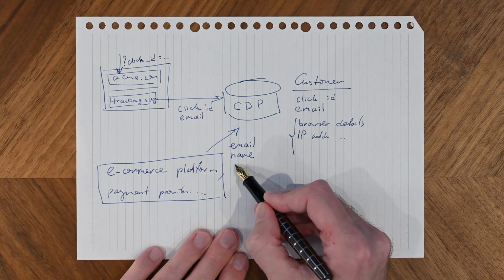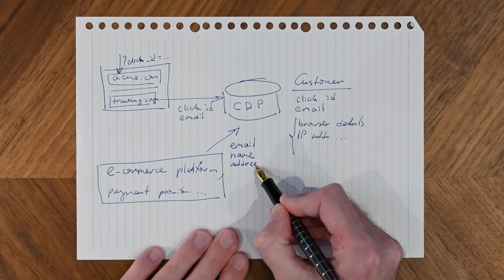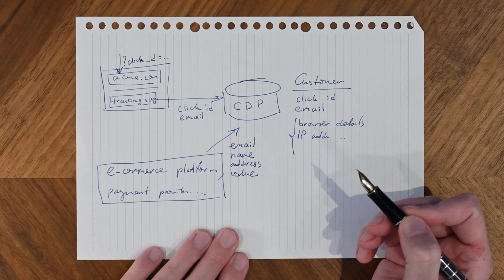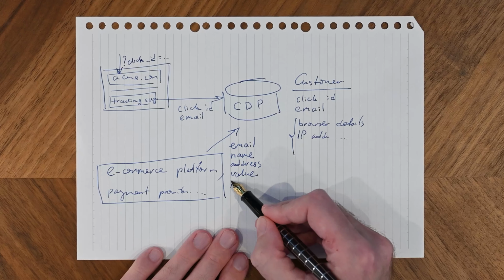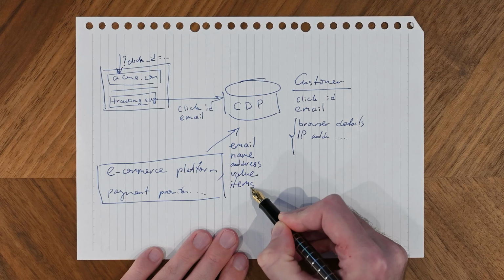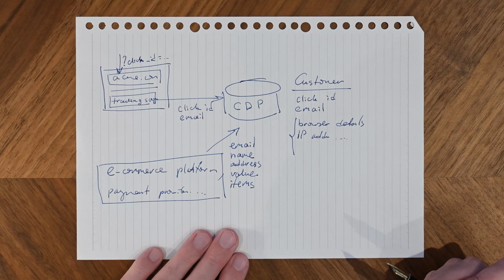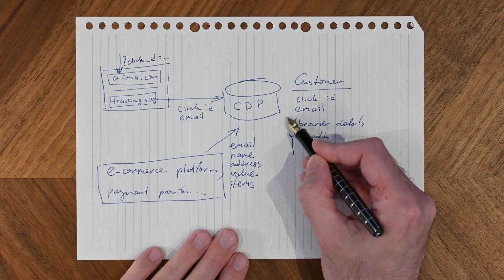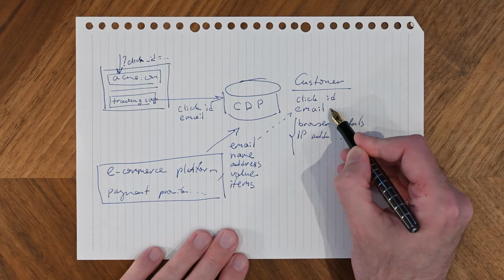It might have additional customer details like name, address, but crucially, there's a value and usually some description of items that have been purchased. When a customer data platform receives that conversion, it then associates the email with the existing customer record.